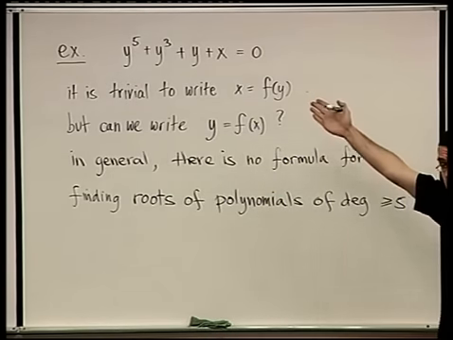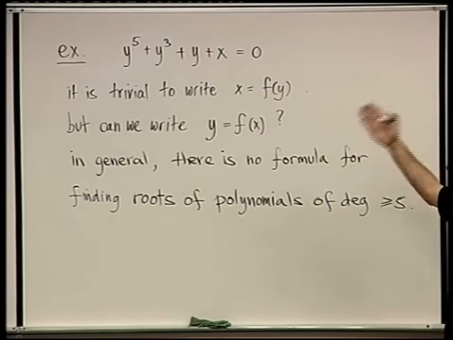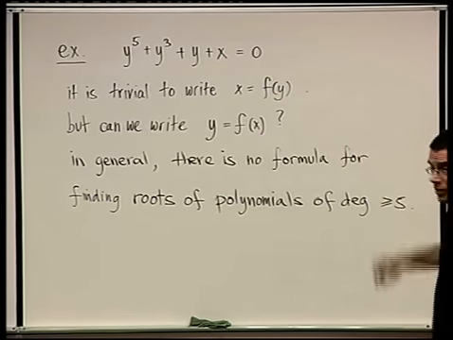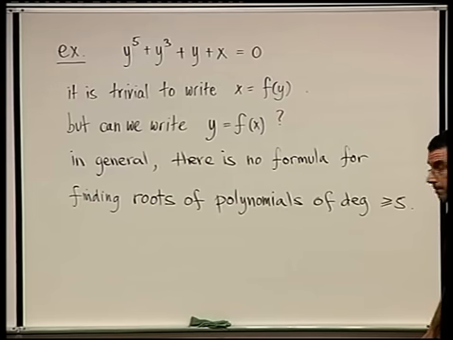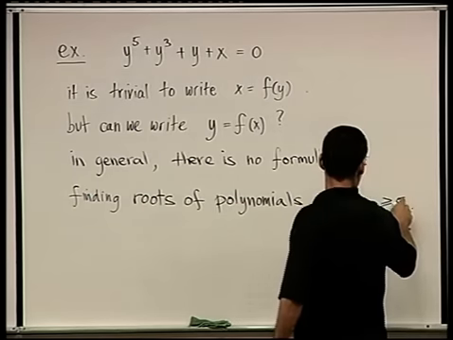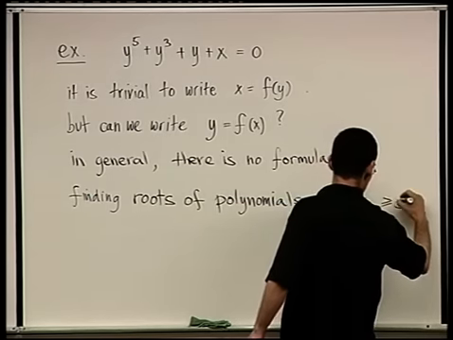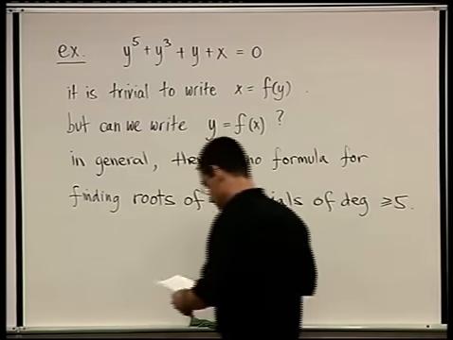That's what we need to do here, right? If we want to write y as a function of x, we need to solve it for y. But still we can make some arguments here. So here's the line of thought, and tell me if you agree.